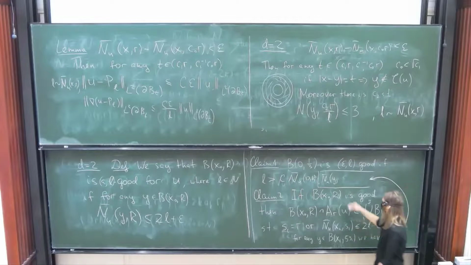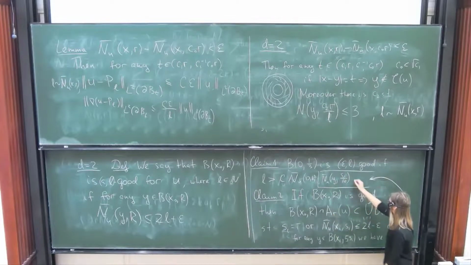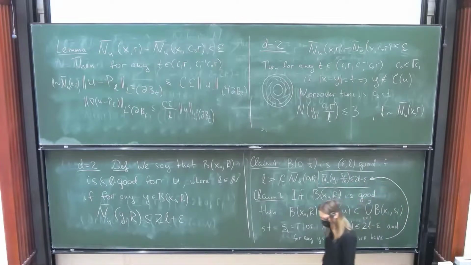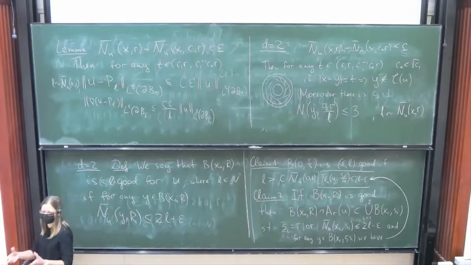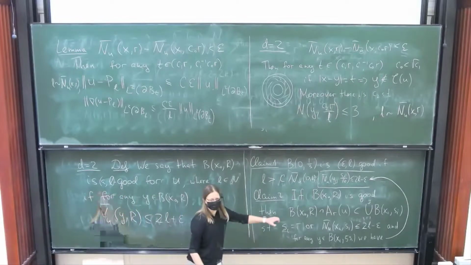So if I go to C k/10, I want this to be bounded by L minus epsilon. So this is a half of the induction step, because for the moment we cover the ball by new balls and we drop in frequency by 4 epsilon.